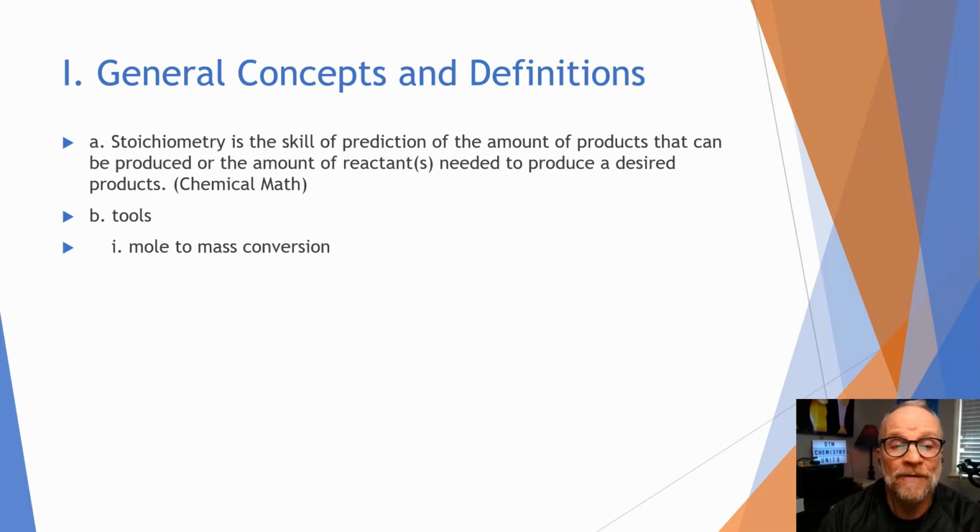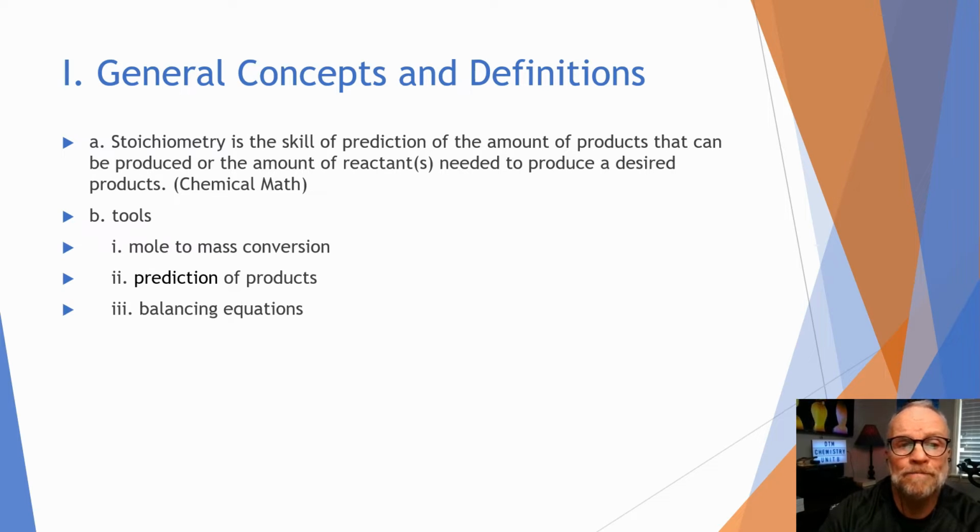Okay, let's talk a little bit about the tools we'll need. We already have all the tools, we just got to put them together. You'll need to be able to convert moles to grams, or grams to moles. We covered that in the last unit. You'll need to be able to predict products and balance equations. That's in the unit before the last one, unit 7, chemical reactions.